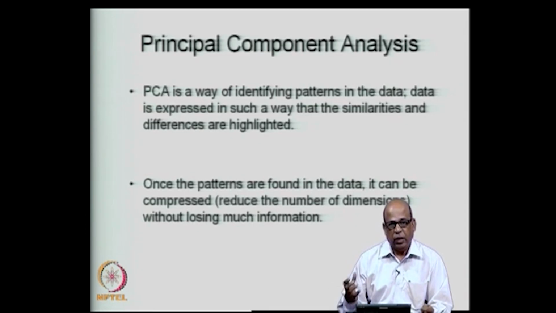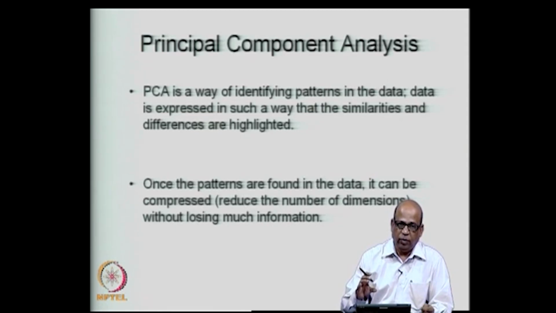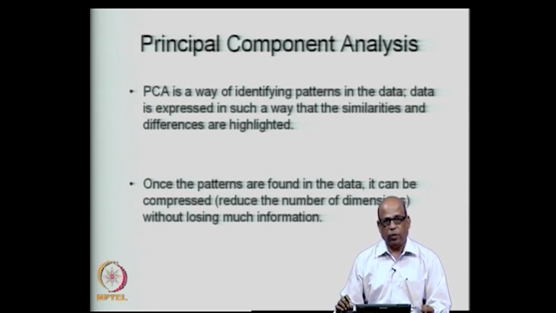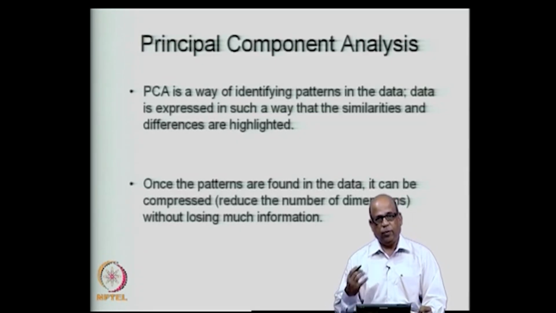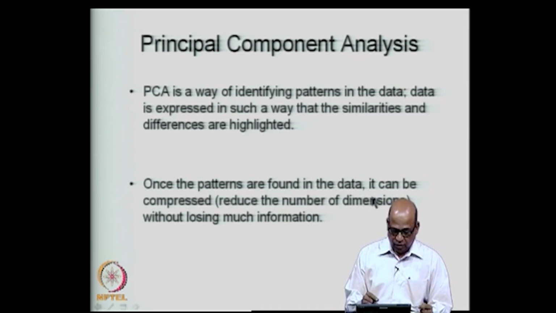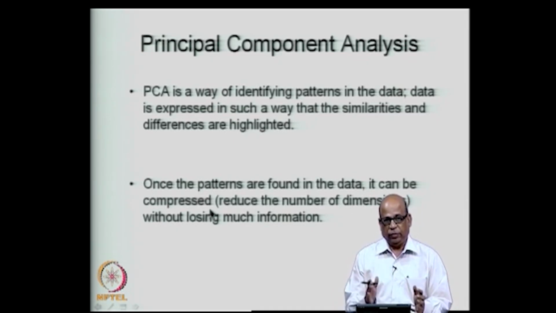What do I mean by that? Let us say that in the pattern of the data, you see that some components, in some sense, which we will see presently, are much more predominant in their information content compared to other components. Then you can only focus on these particular components, which are much more predominant in their information content, and that is what we mean by the data can be compressed.